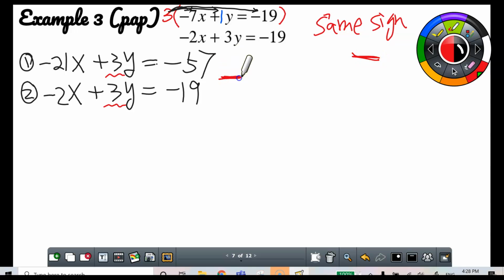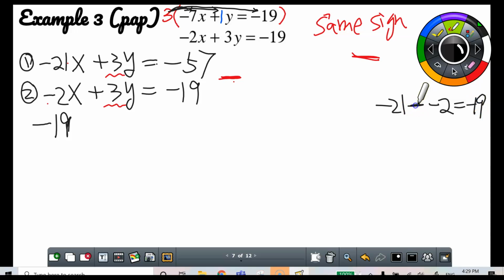So let's subtract the two equations for each pair, right? First pair, -21 subtract -2. Gives you what? Gives you -19. You're doing subtraction, right? Let's put the work here. -21 subtract -2 gives you negative 19.